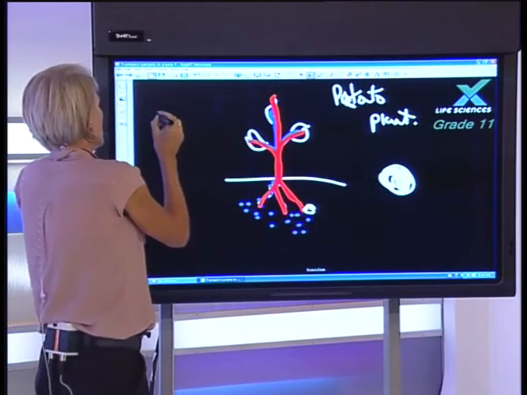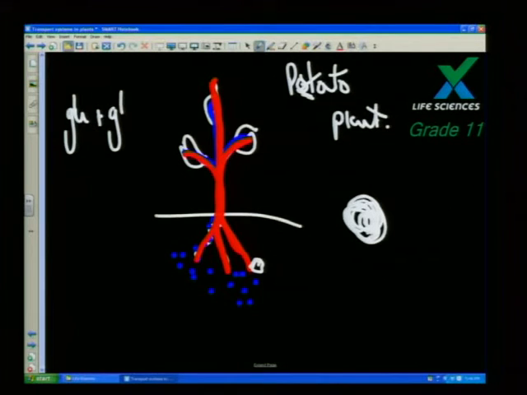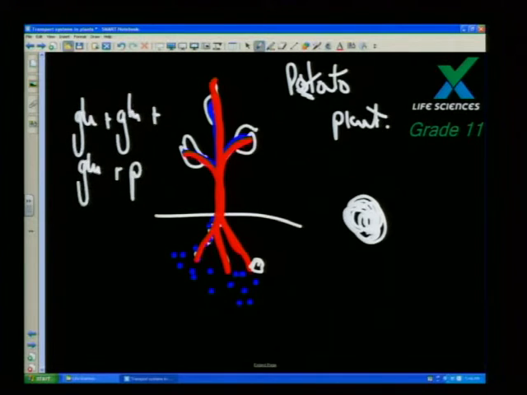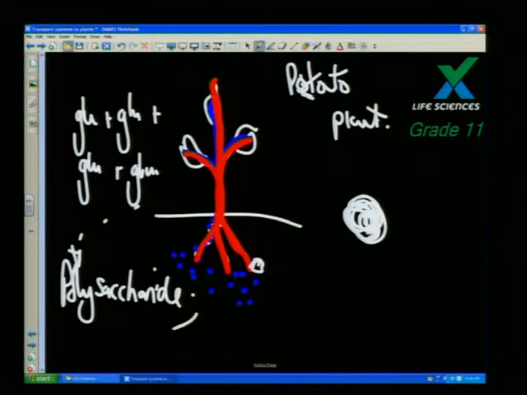So we say glucose, plus another glucose, plus another glucose, plus another glucose, and so on and so on, and we store it as a polysaccharide in the form of a substance called starch.